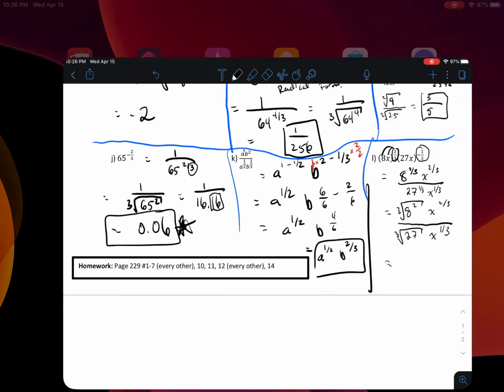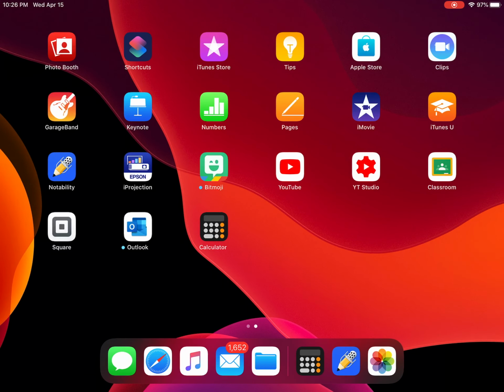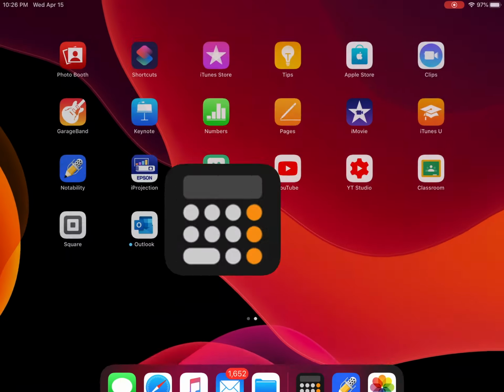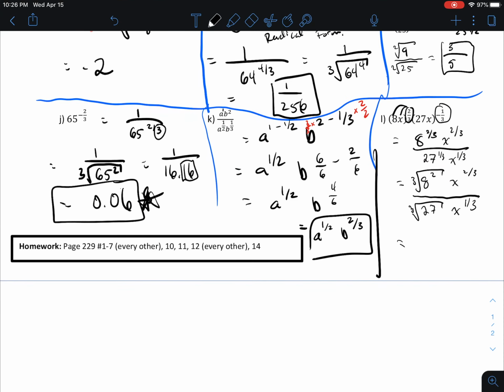Cubed root of 64 is going to be 1.58. Okay. That doesn't seem right. Should be 4. That's weird. 64 cubed rooted is 4, sorry. Okay, so that's this answer here.